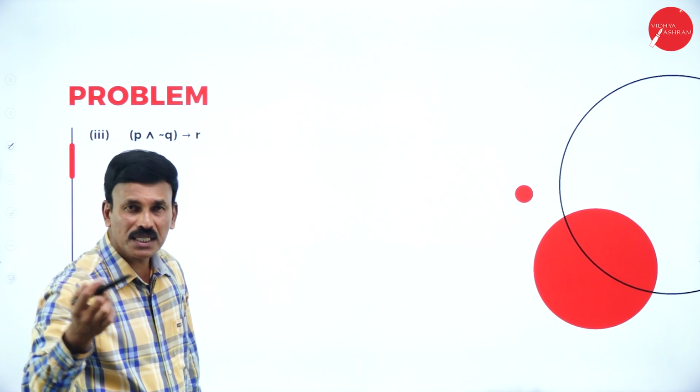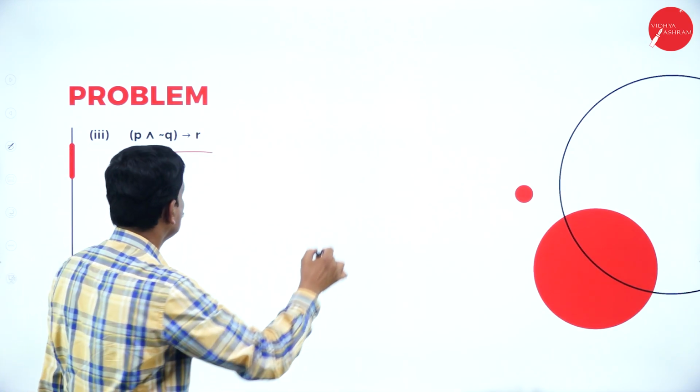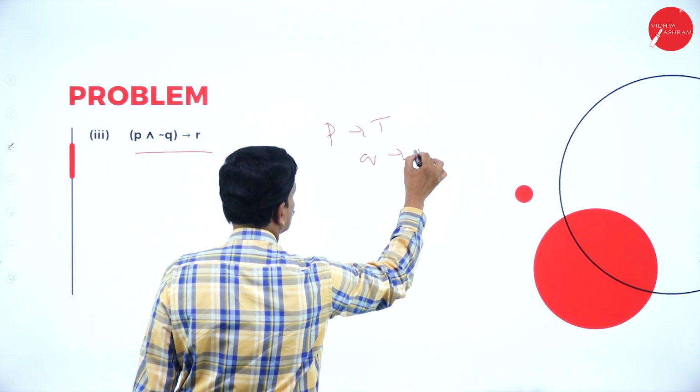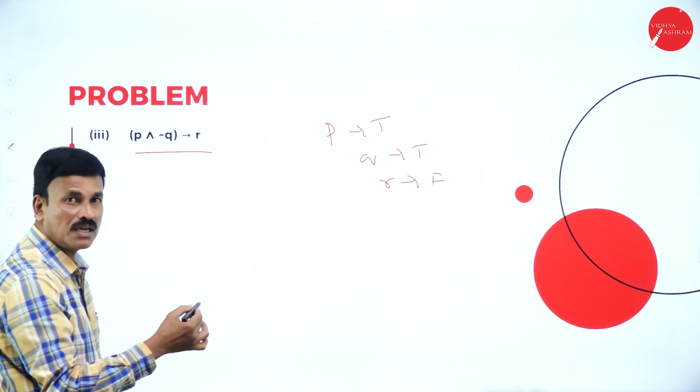Let us come to the next problem. What is the next problem? P conjunction negation Q conditional to R. We know P is true, Q is also true and R is false. These are the truth values given.